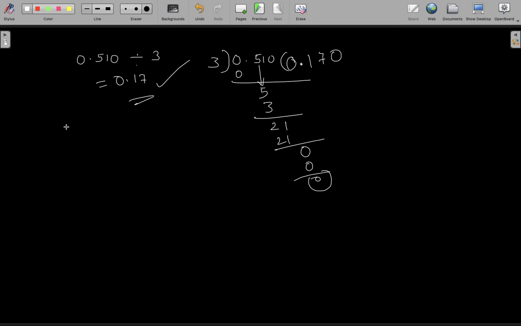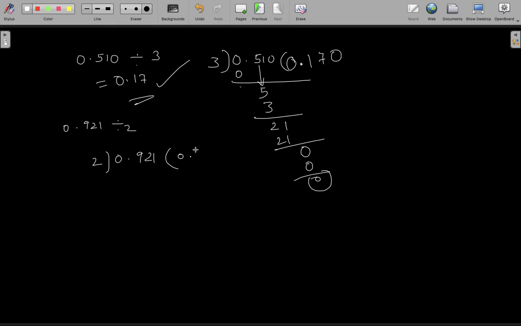Suppose I have the number 0.921, let me divide this by 2. Now what do you get? 0.921 when it is divided by 2. Now this is 0. Let me directly write 0 point, because 2 times 0 is 0, and 0 minus 0 is again 0. I'm just avoiding this step, right?